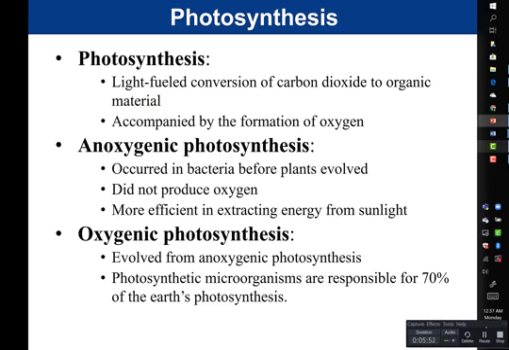And the photosynthetic microorganisms are responsible for about 70% of the Earth's photosynthesis. So while we often think of plants as being the major contributor to oxygen in the atmosphere, in fact, it's actually photosynthetic microbes that produce the biggest amount of oxygen in the atmosphere.